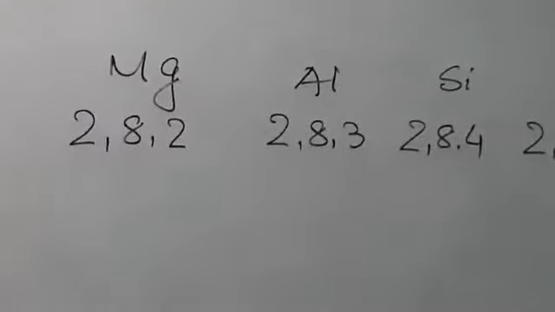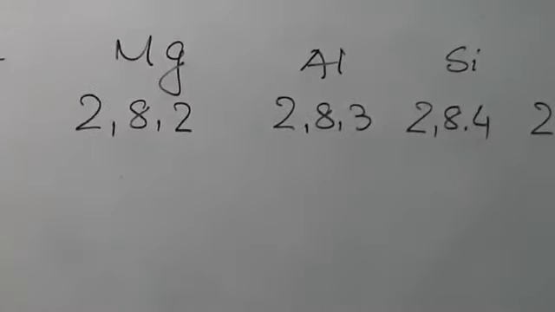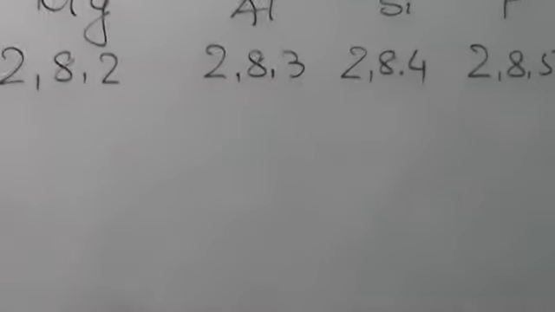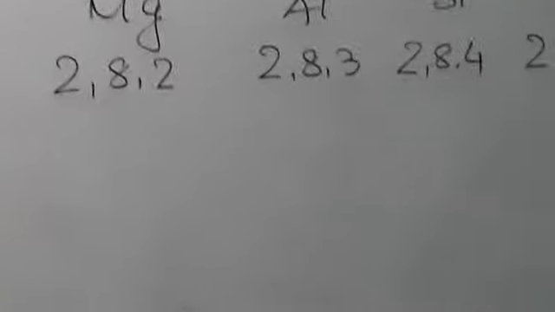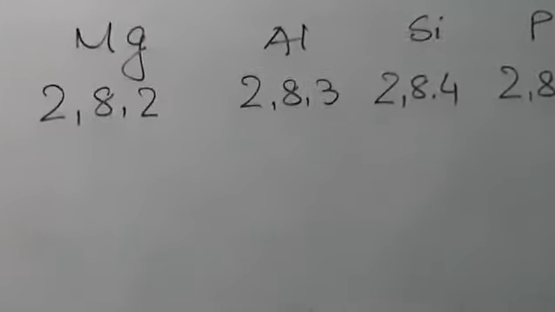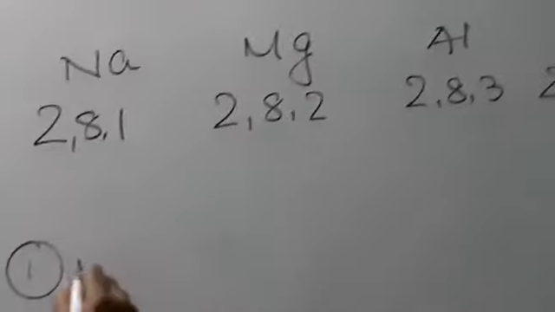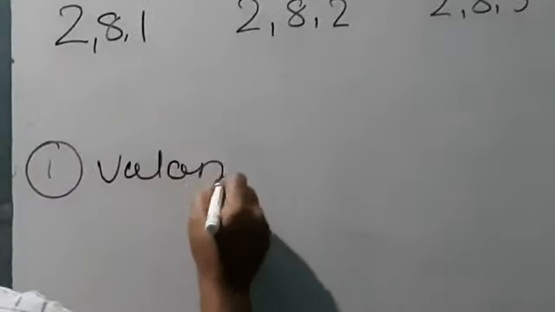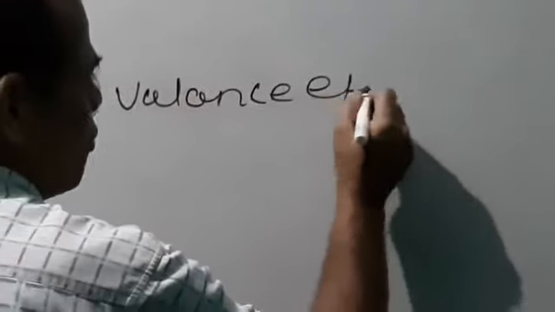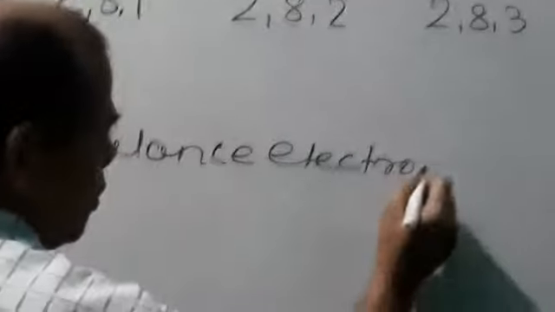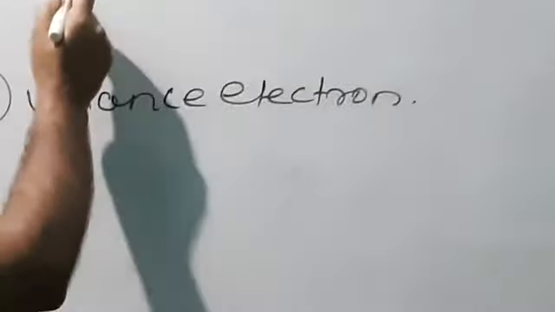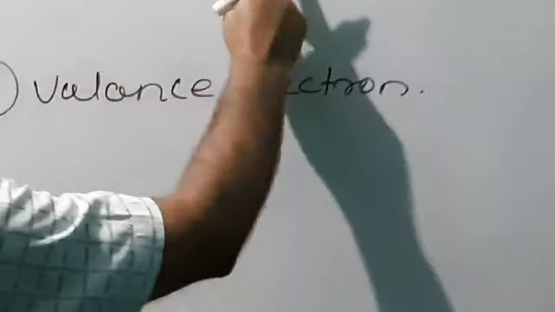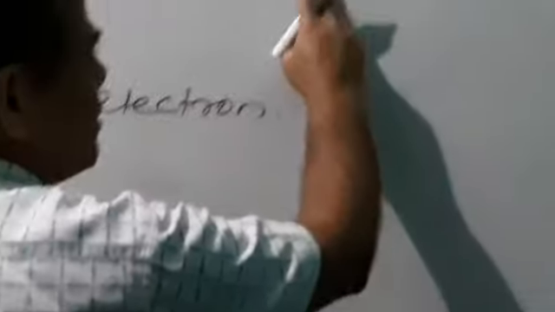Now, what is the gradation? What is the change in their properties, like valence electron? Now you see how many valence electrons sodium has? 1. How many valence electrons magnesium has? 2. Aluminum has 3.